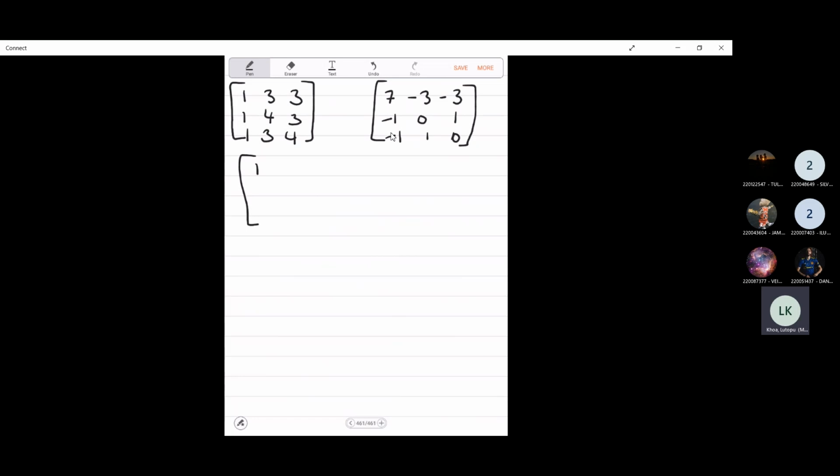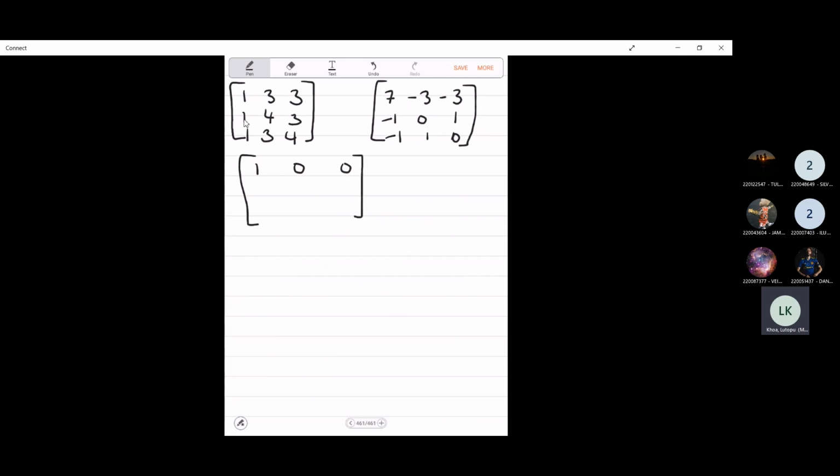Okay, that gives us 0 here. And then this row, that column, so we have 1 times minus 3 plus 3 times 1 plus 3 times 0. This gives us 0.